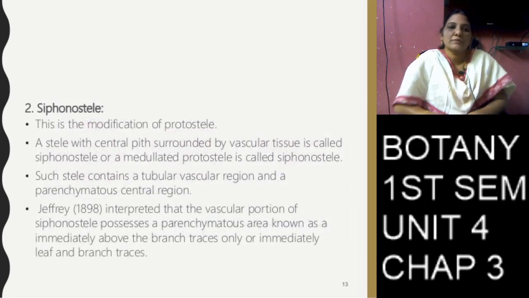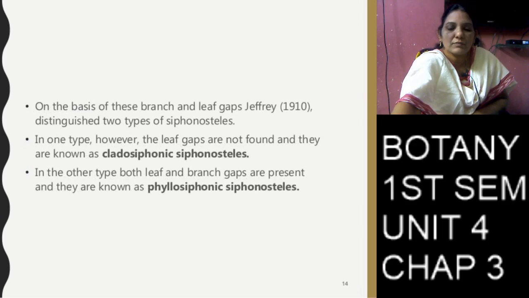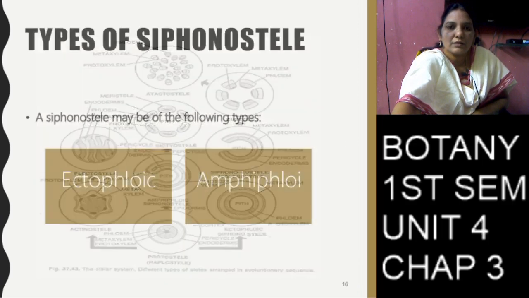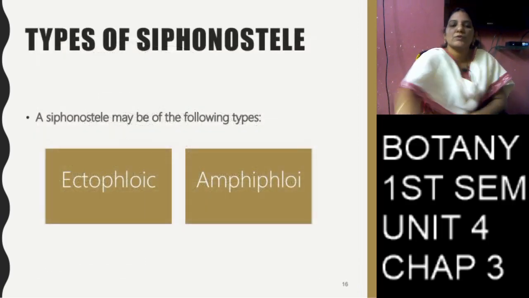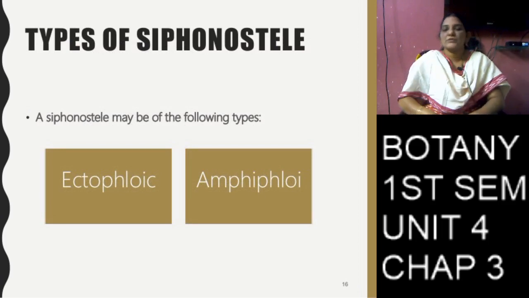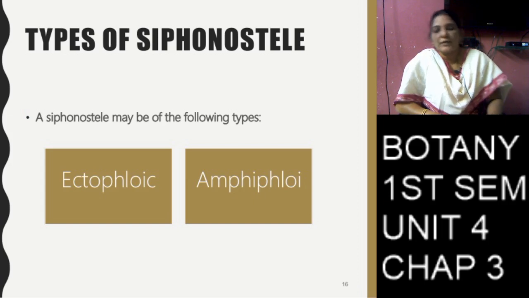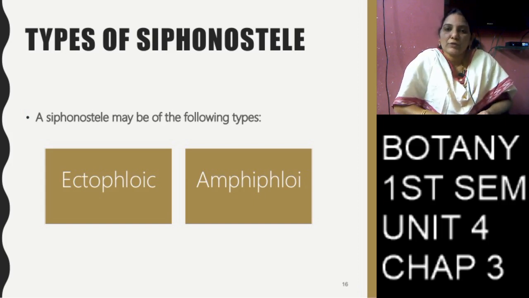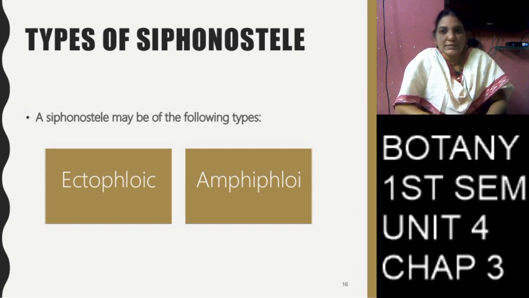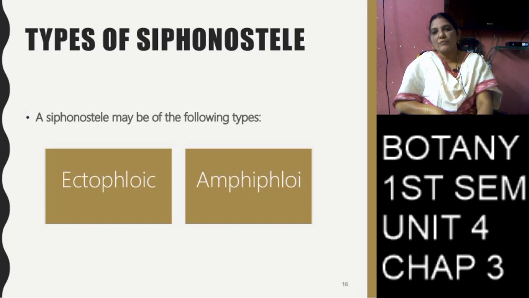Next, coming to siphonostele. Already we know that there are different types of steles, based on the leaf gaps, the medulla, the leaf traces, and the xylem and phloem structure.